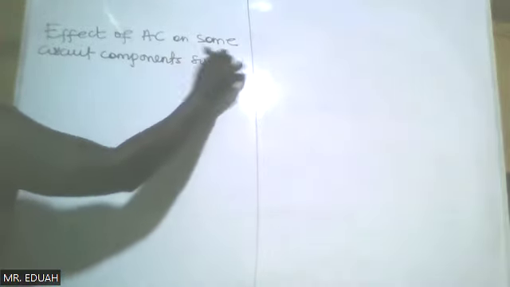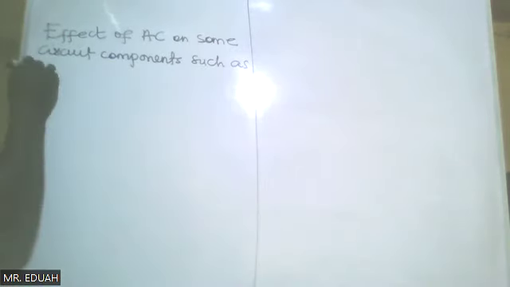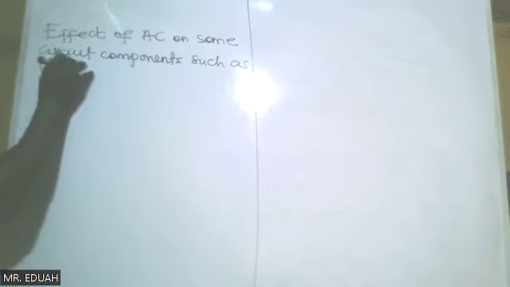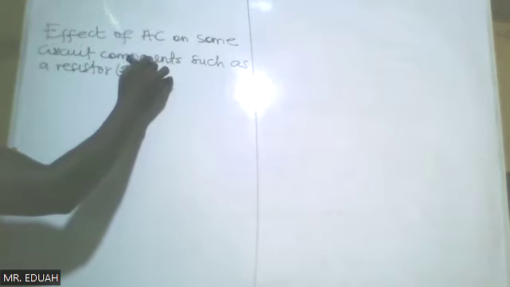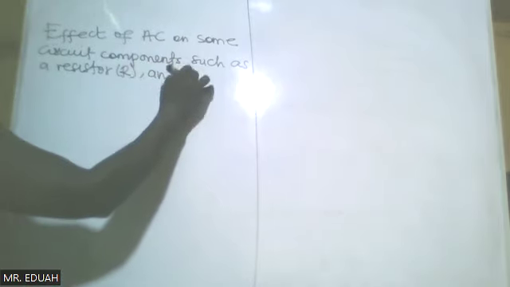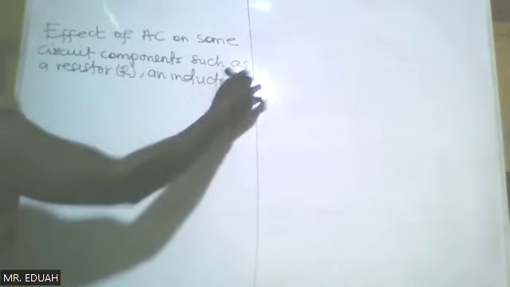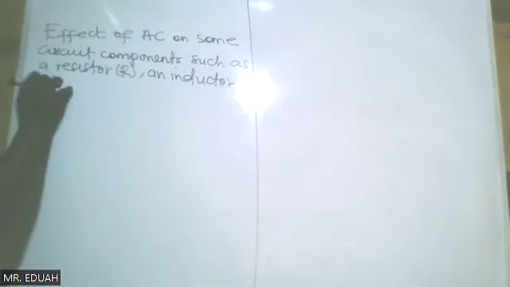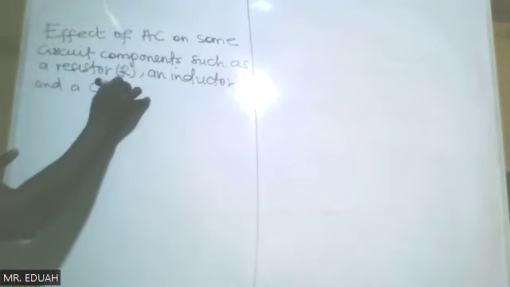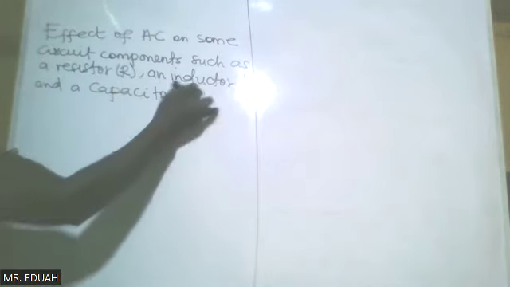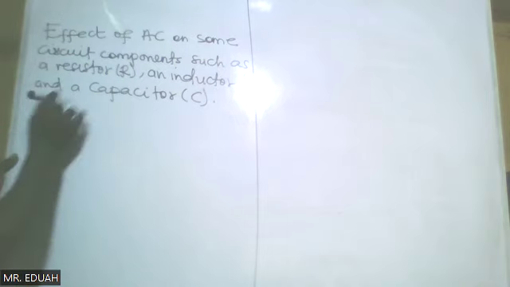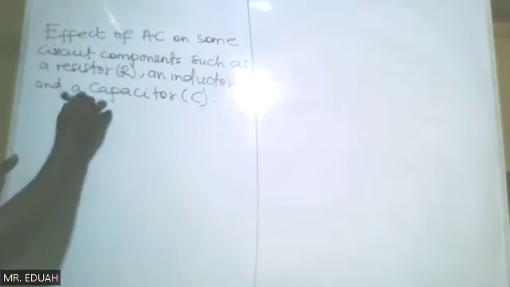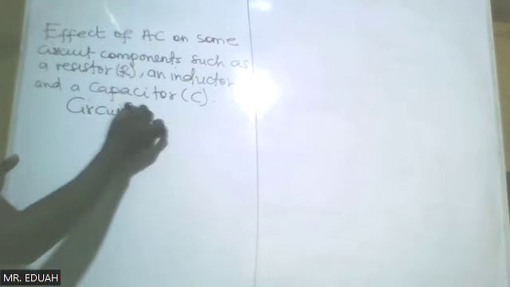such as a resistor R, an inductor L, and a capacitor C. Within a circuit, these circuit components are represented by the following symbols.